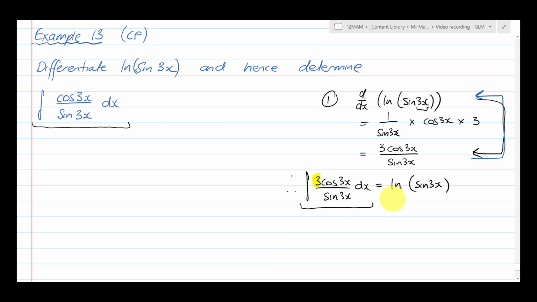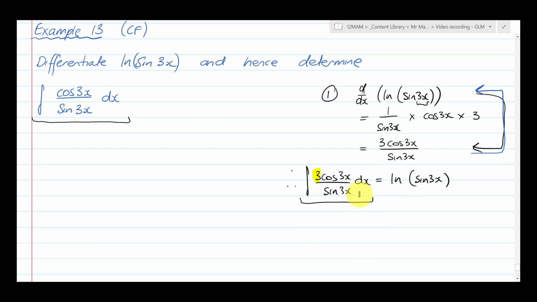What I could do is make this one look exactly like that by dividing by 3. Therefore the integral of cos 3x over sine 3x dx is equal to a third of log sine 3x, and basically I've just solved the problem.